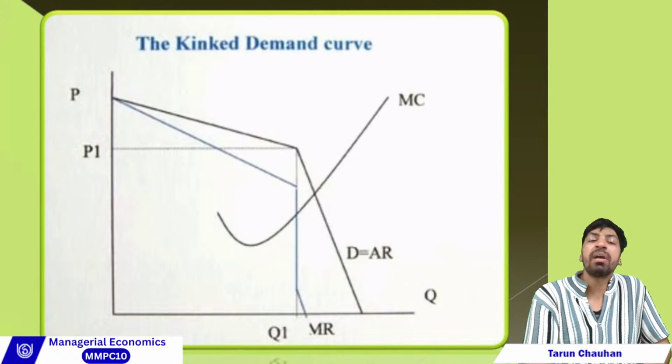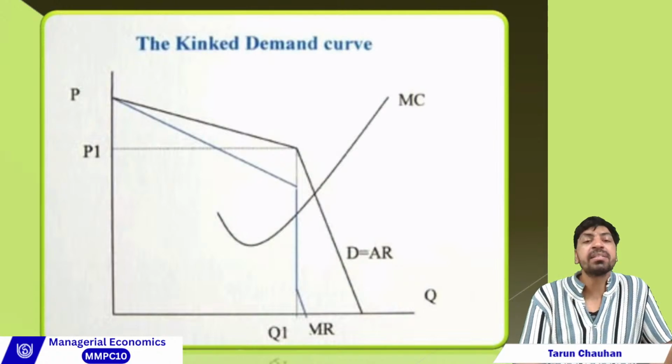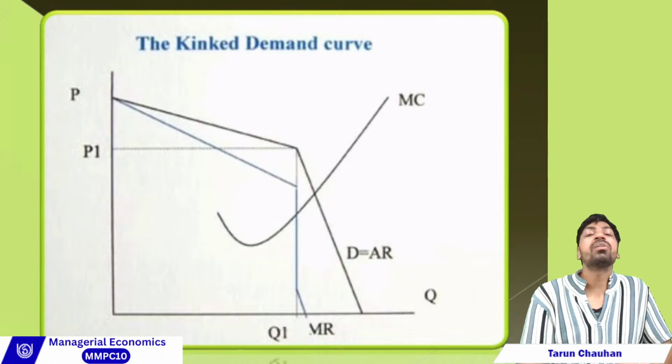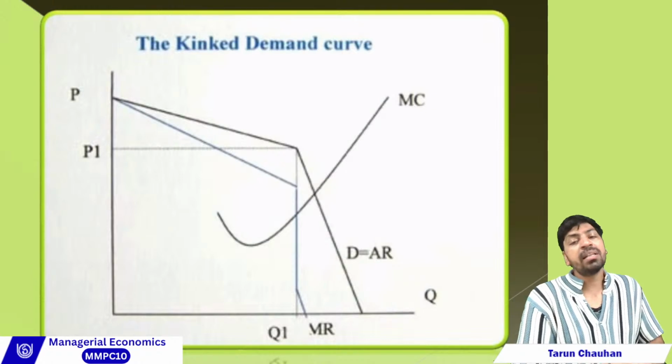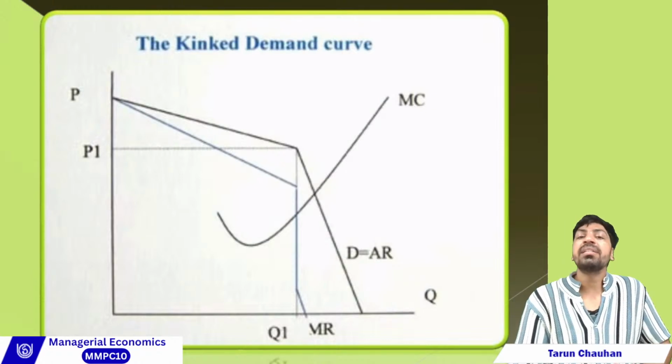That point is called P1, that is the decrease in price. And when price decreases, automatically the quantity will also decrease, and that's called the kinked demand curve.